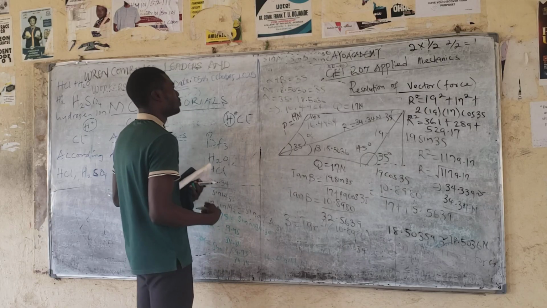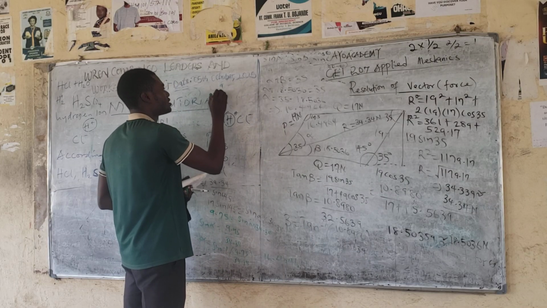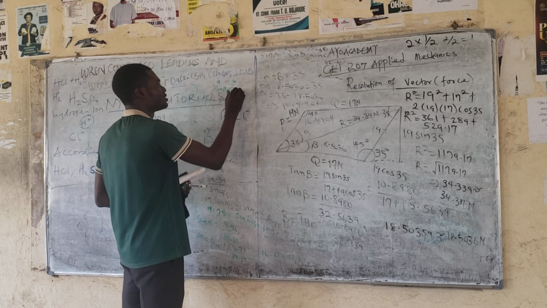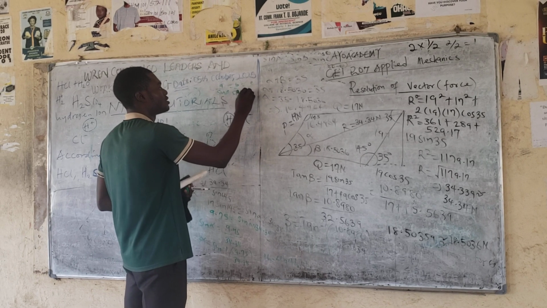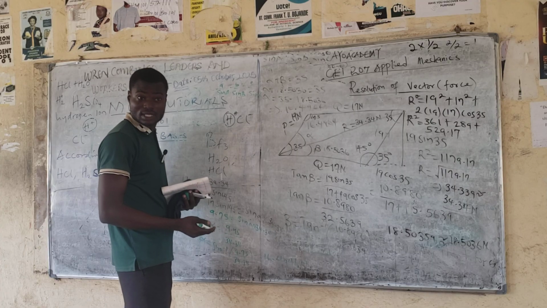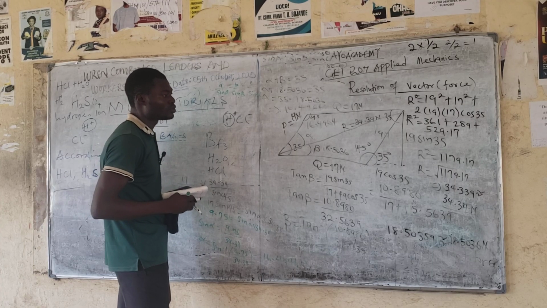Such that we can have something like this. A over sine A, and B over sine B. You can have C over sine C. So it's still the same. Is that clear? Please take note.